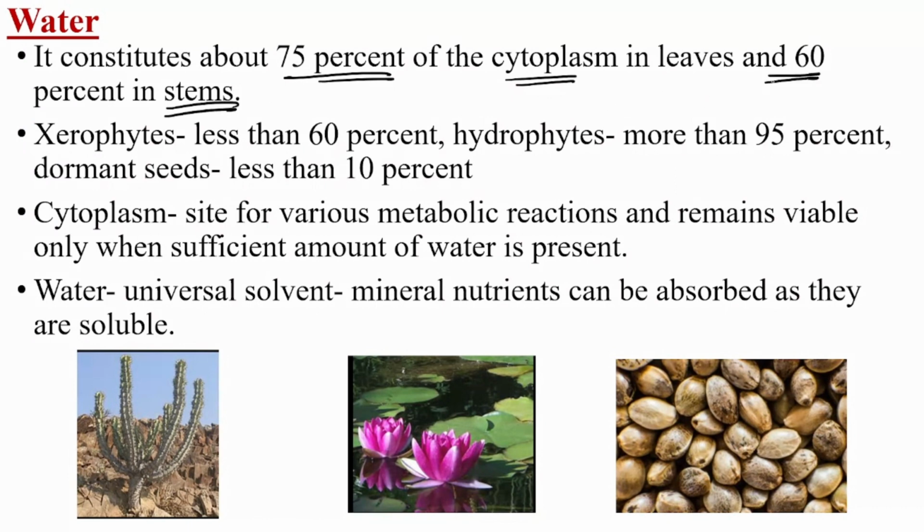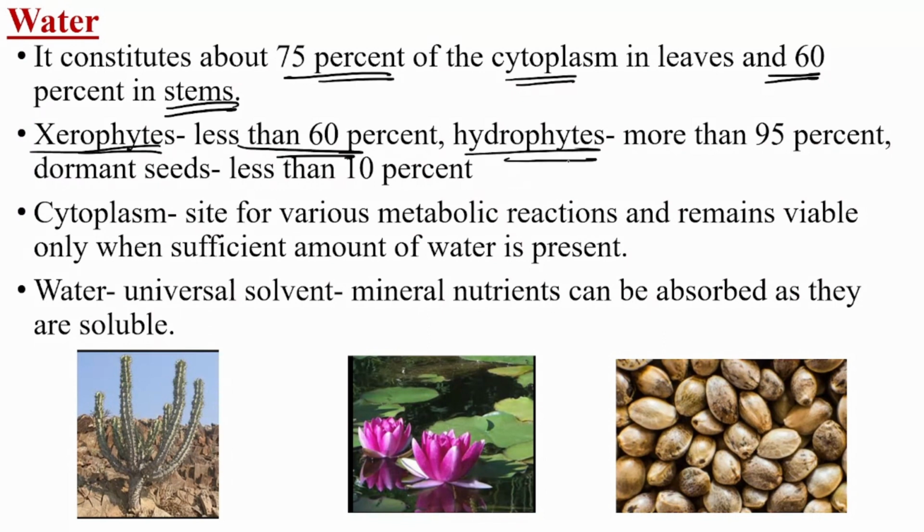But is the amount of water constant in every plant? Obviously not. It varies from plant to plant, depending on the physiological and environmental conditions in which the plant is growing. Xerophytes are plants which grow in extreme temperatures, and cactus is a good example. Their cytoplasm contains less than 60% water.